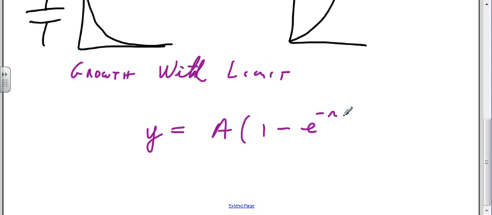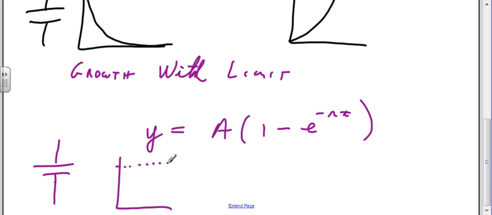And now I have some growth. I'm going to get as big as a. Well, that's my capacitor charging. When my capacitor is charging, there's some maximum amount of charge I can have, and I'm going to have some growth until I get to there. So that's what all those are about.